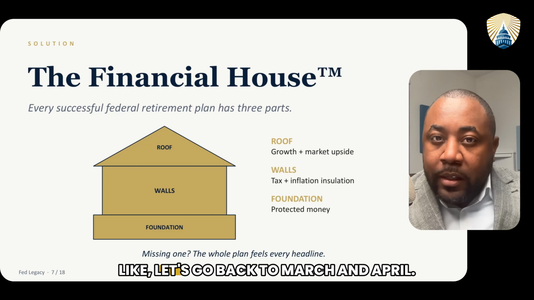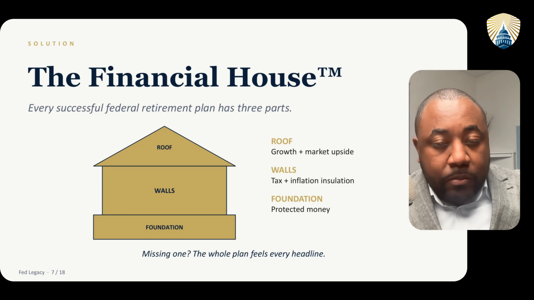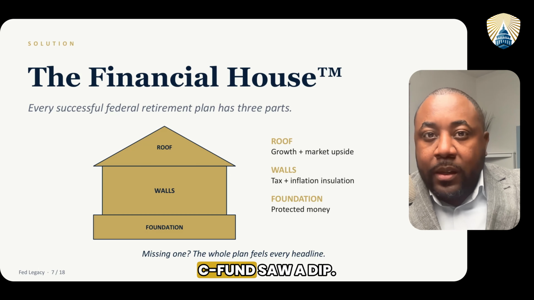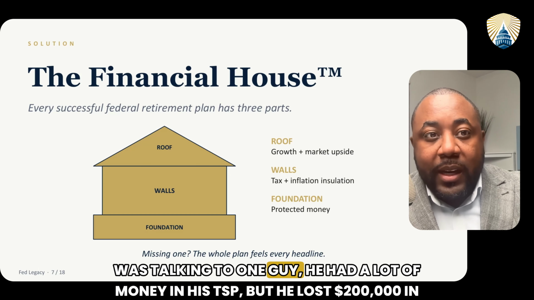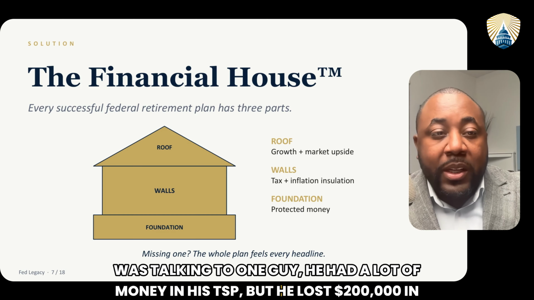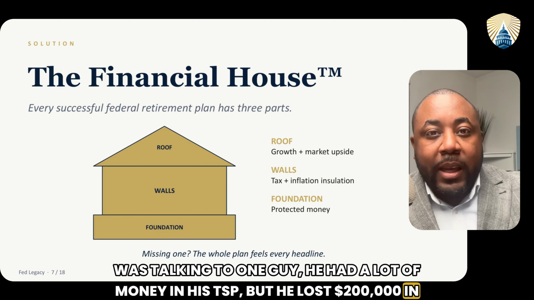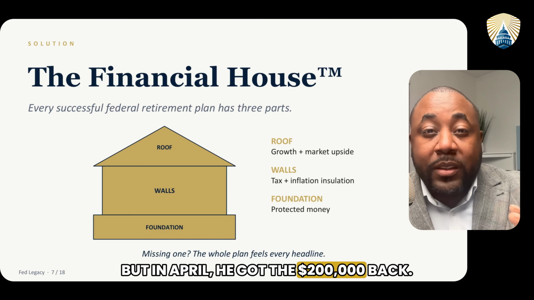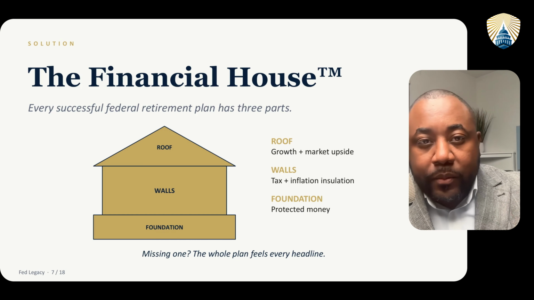So let's go back to March and April. The people that we talked to that had 100% of their money in the C fund saw a dip. I was talking to one guy. He had a lot of money in his TSP, but he lost $200,000 in March. But in April, he got the $200,000 back. Huge swing.